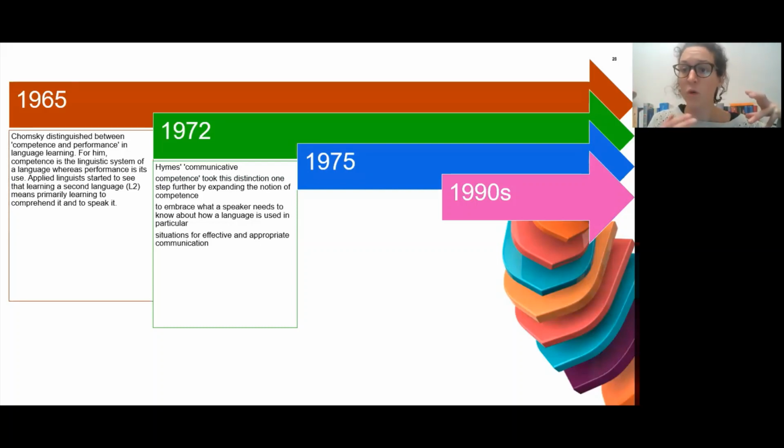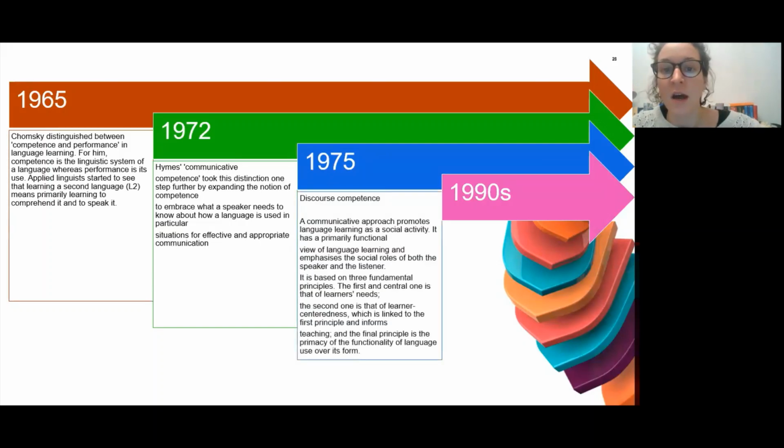But what we need to study is the language functions in order to resolve a communicative situation or to take part in the communicative situation.